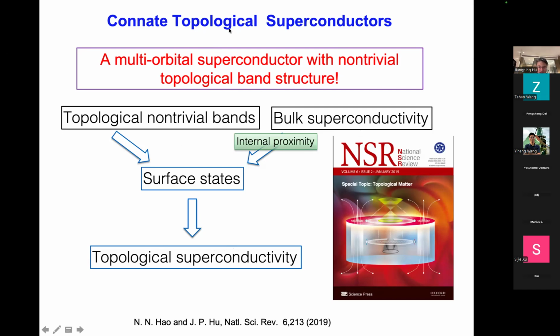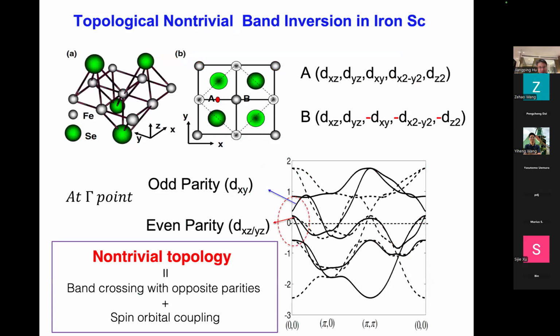These are called connate topological superconductors. This picture illustrates it: the bulk is superconducting, and you have a surface state, and the surface state becomes topologically superconducting.